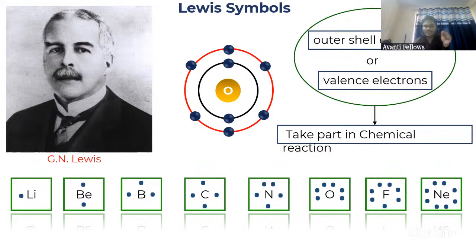Similarly, two electrons in beryllium, three electrons in boron. Why three electrons in boron? Because it belongs to the 13th group. Because boron belongs to the 13th group, it has three valence electrons. How many valence electrons? Three valence electrons.